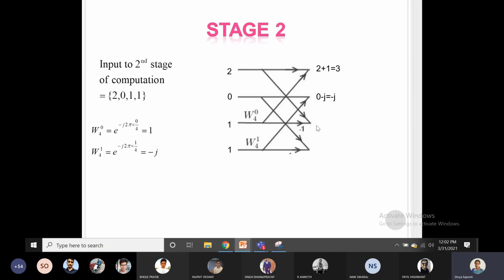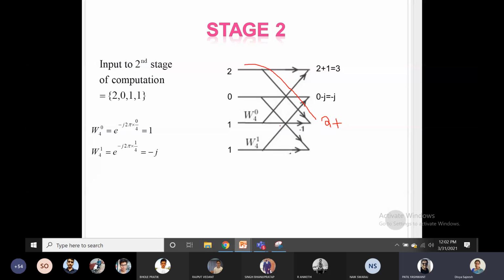Can you now calculate the third, Yashwant? Ma'am, the first input is 2. Okay. Second input?